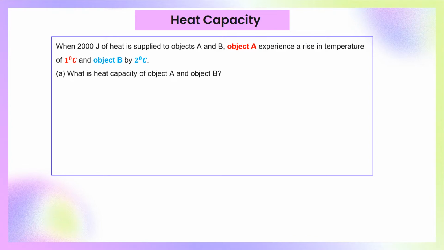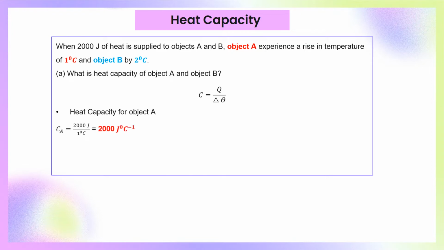Okay, from this question, we can use the formula to calculate the heat capacity of object A and object B. The formula for heat capacity is capital C is equal to Q over change in theta, where Q is the heat and change in theta is the change in temperature.